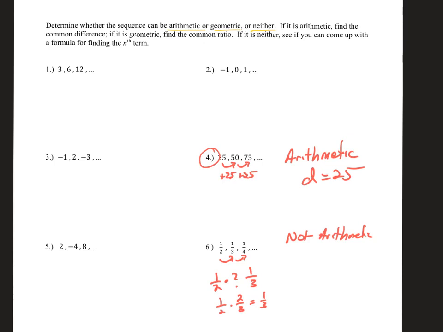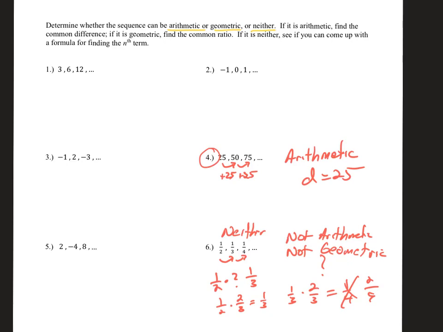So is 1/3 times 2/3 1/4? Is this true? No, it's not. It's 2/9. So this is not geometric either. So this is an example of a sequence that would be neither arithmetic nor geometric. Okay?